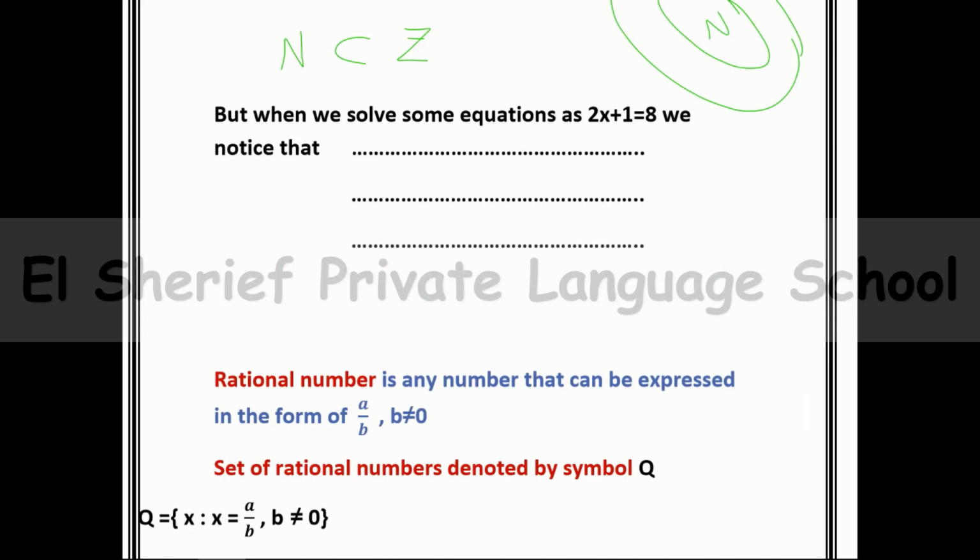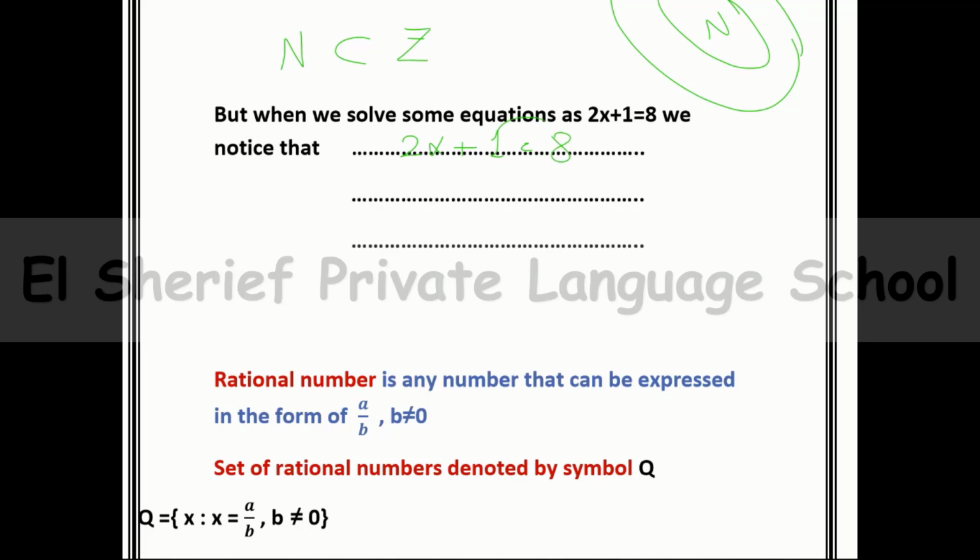As we said before, the set of integer numbers has 0, 1, 2, 3, and in the opposite direction I have negative 1, negative 2, negative 3. But when I want to solve some equations, such as this equation, 2x plus 1 equals 8, notice that 2x plus 1 equals 8.